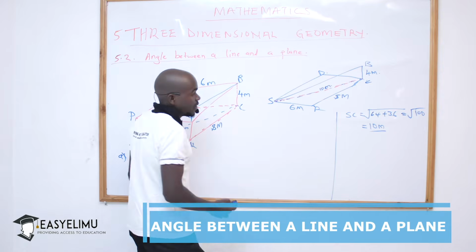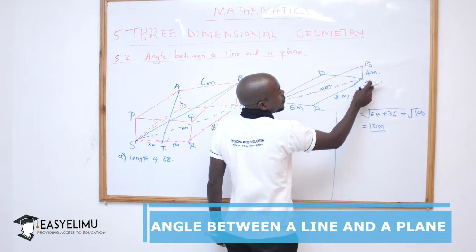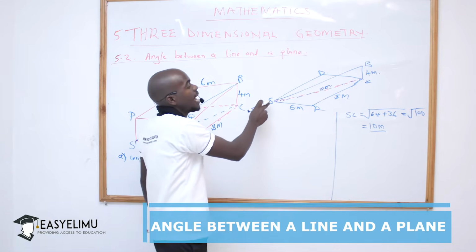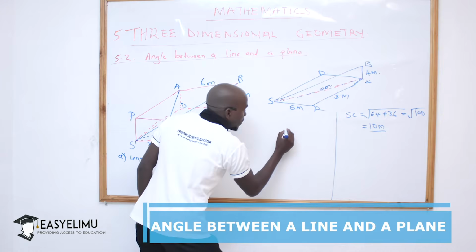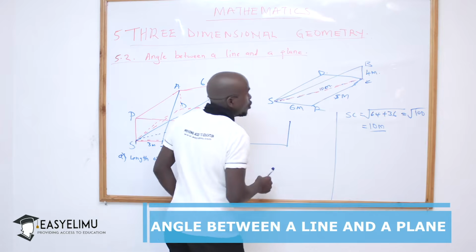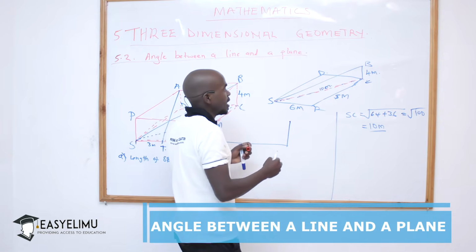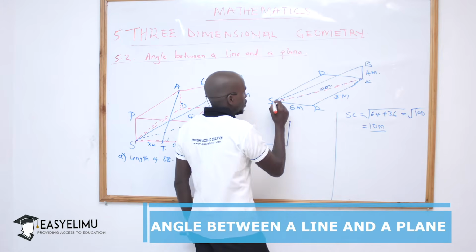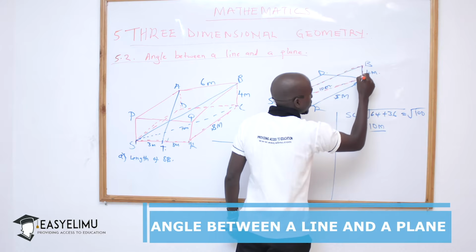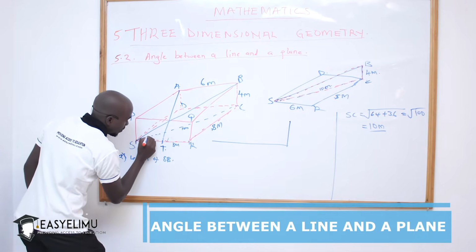What we need is the measurement of SB. Since we have found the measurement of SC and we have that of CB, we can find the measurement of SB, whereby I'm going to cut SBC so that we may find it this way.